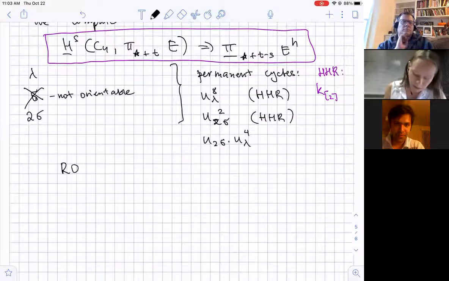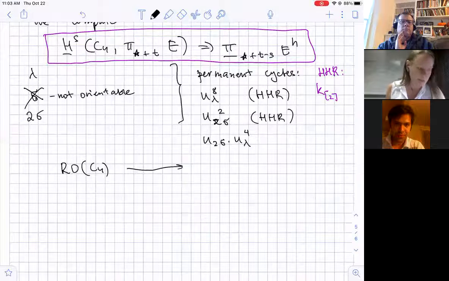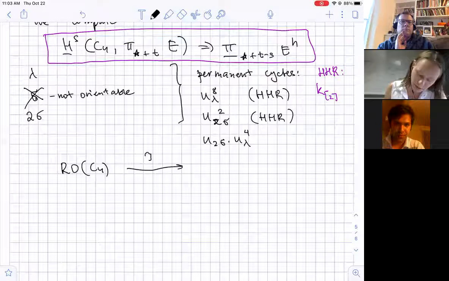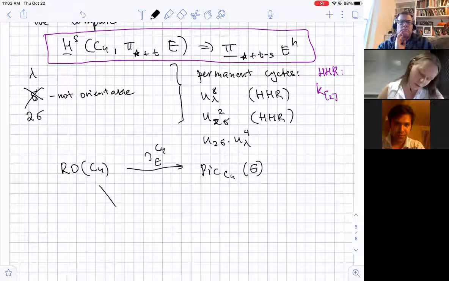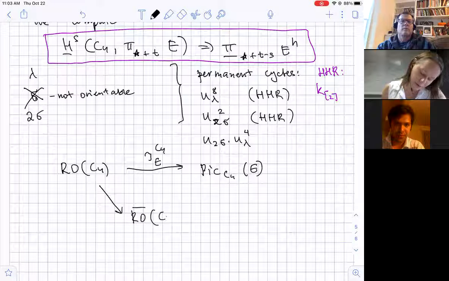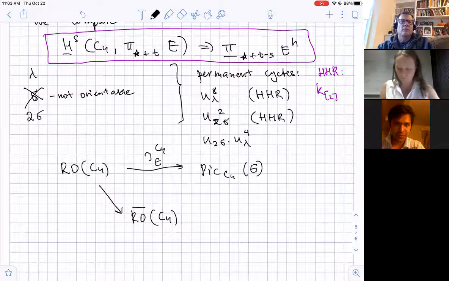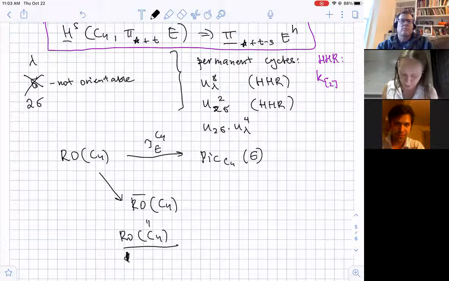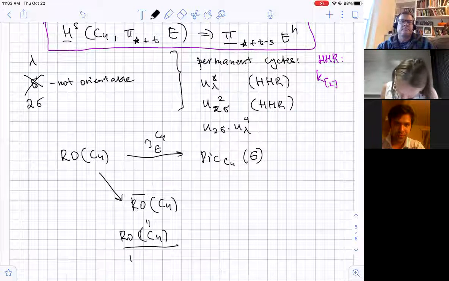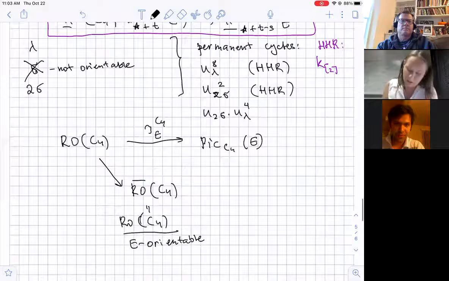Now we are able to say something about this map. I'm going to denote this by ROC4 bar, which is ROC4 modulo the orientable representations.